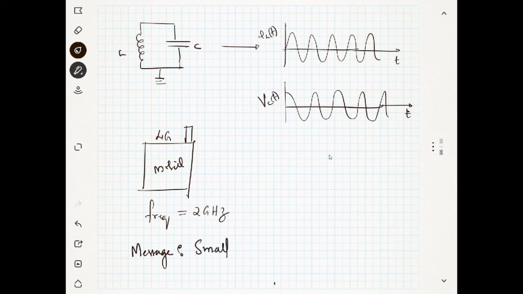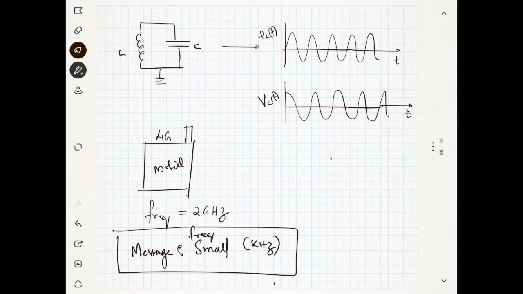It's small, the frequency will be very small. It's of the order of kilohertz. You understood? So the message frequency is very small. And why are you using this much high frequency? To keep the energy, I think.